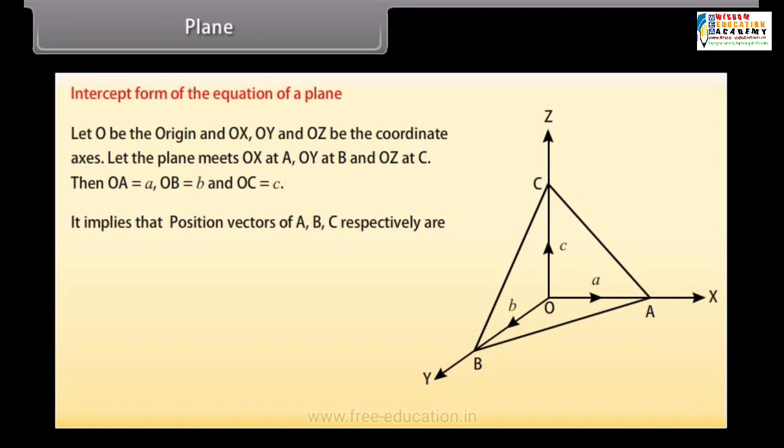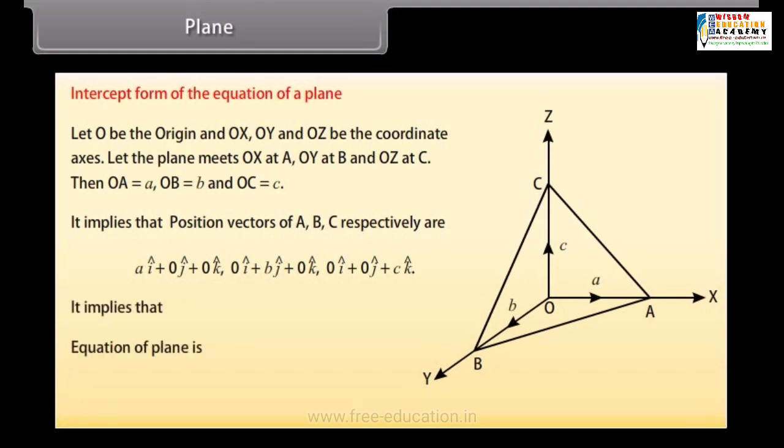It implies that position vectors of A, B and C respectively are a cap i plus 0 cap j plus 0 cap k, 0 cap i plus b cap j plus 0 cap k, 0 cap i plus 0 cap j plus c cap k. It implies that the equation of the plane is x by a plus y by b plus z by c equals 1.